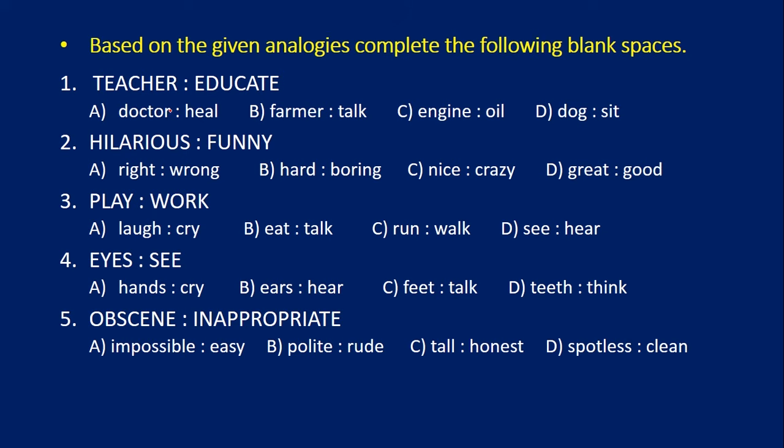A doctor heals, a teacher educates. A doctor heals has the same meaning, the same analogy: professional and what he does. So this has the same analogy. B, farmer talks, a teacher educates and a farmer talks? No, because a farmer farms, everybody talks, every human talks, but a farmer farms.